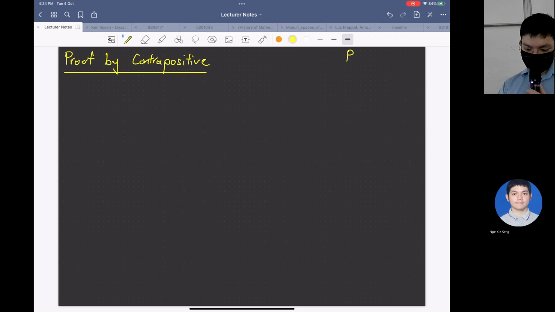So I got the P implies Q first, and then I start with not Q, and then I end with not P. So let's try an example of contrapositive, right here.